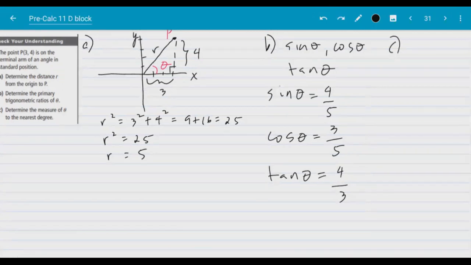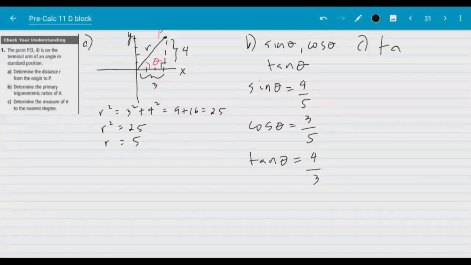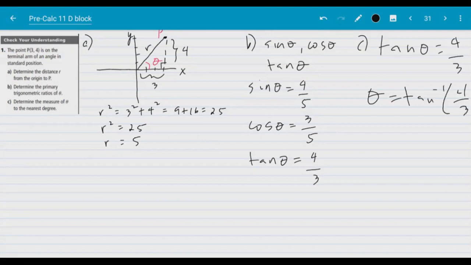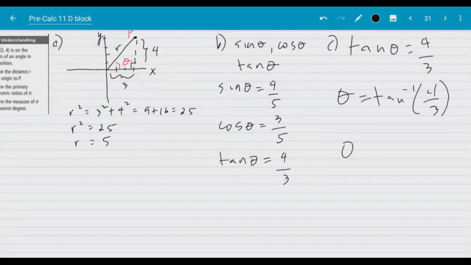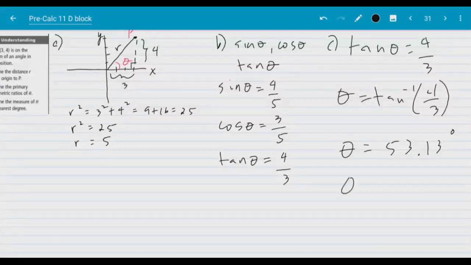Since tangent theta is equal to 4/3, theta is equal to tangent inverse of 4/3. Using our calculator, I already did it a while ago. It gives me 53.13 something degrees.